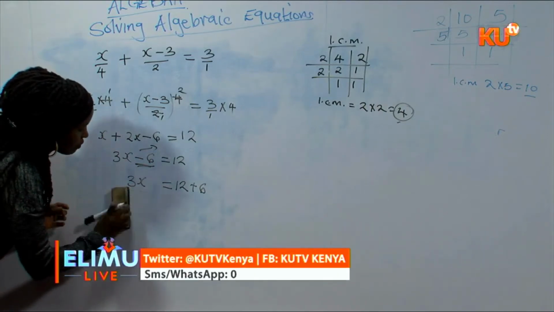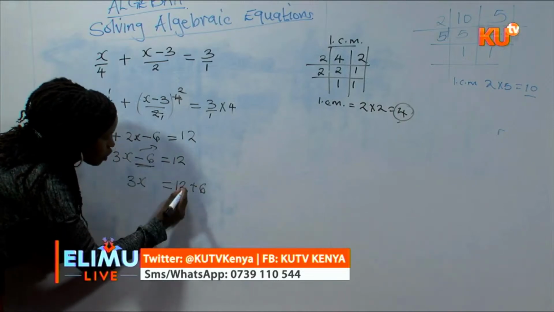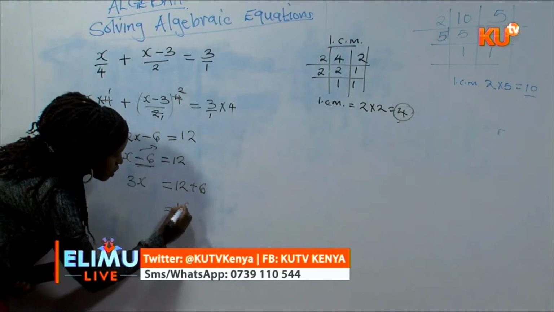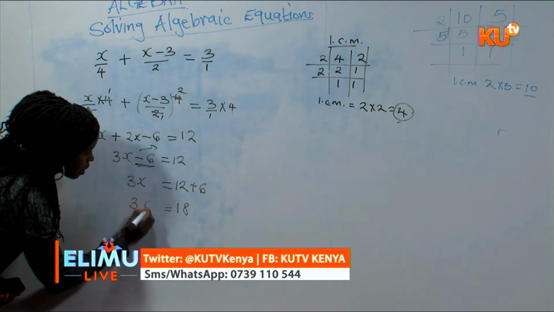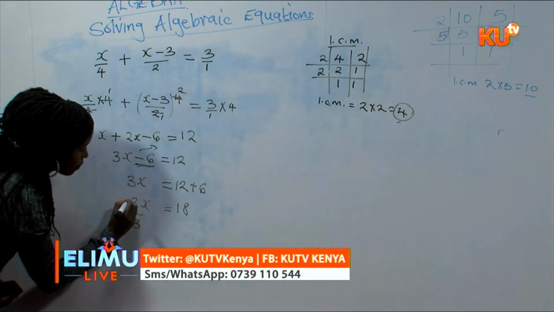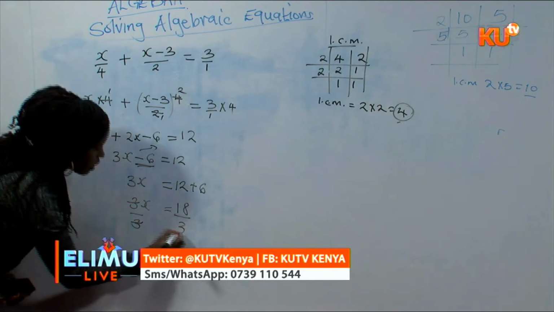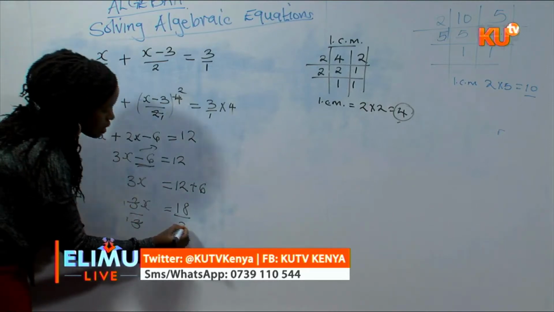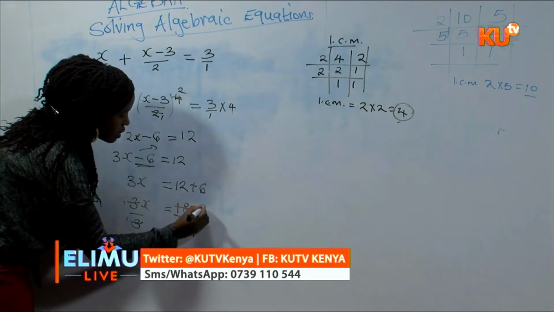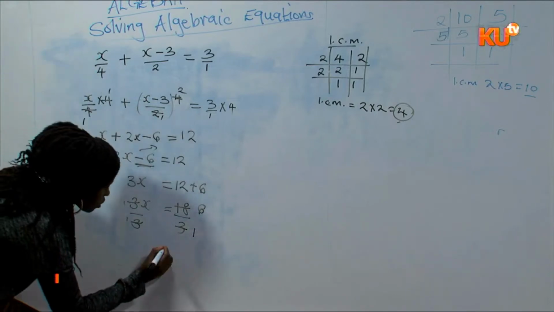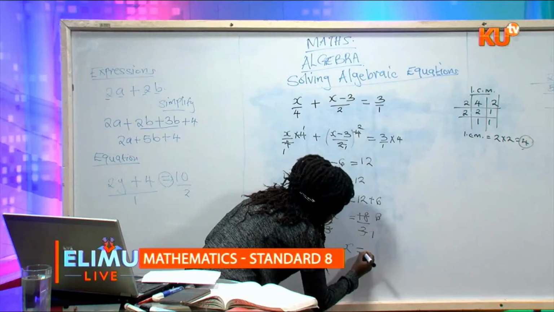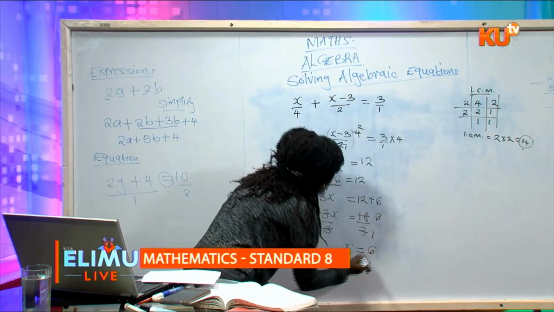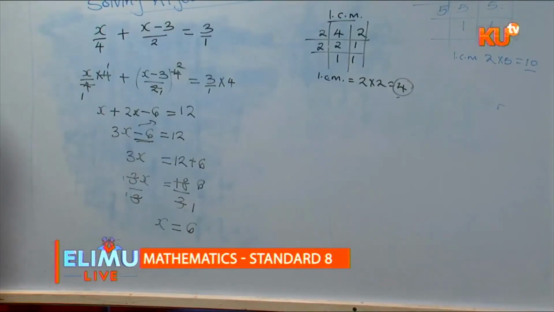Before we divide, we add first. 12 plus 6 is 18, and this side is 3x. So I divide by 3 on the other side. By 3, 1, by 3, 6. So x is equal to 6. So the value of our x is 6.